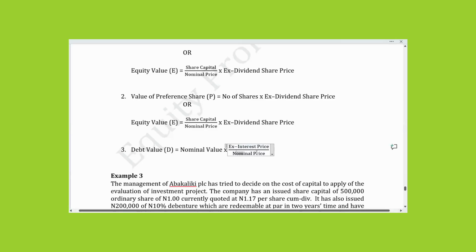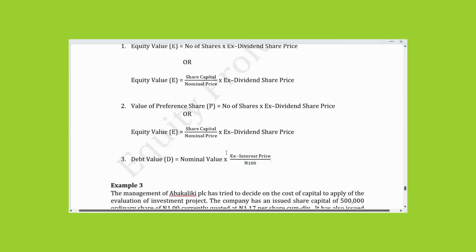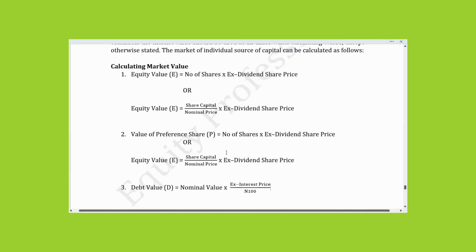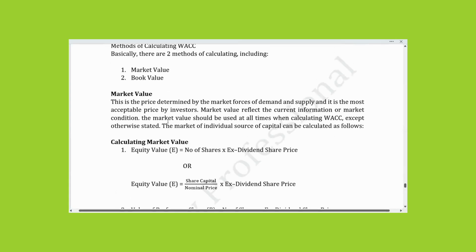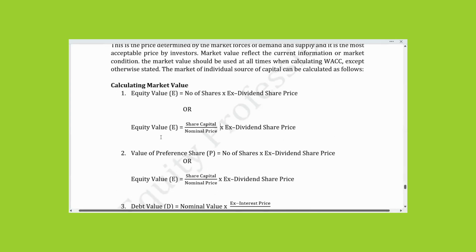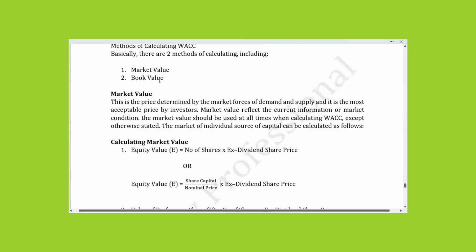Remember, debt is always quoted at 100 naira per unit unless you are told otherwise. So these are the ways in which you can calculate the market value of individual sources of capital that you are going to use for the weighting of your WACC. So the next thing we are going to discuss is the book value.